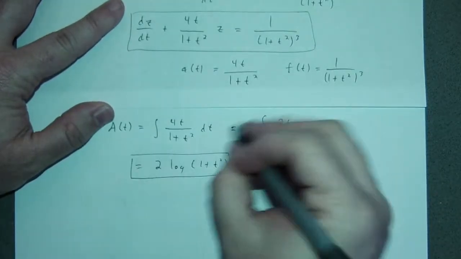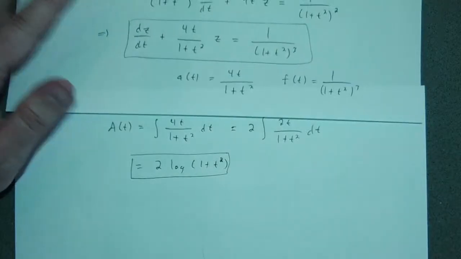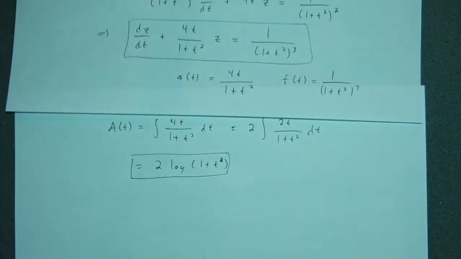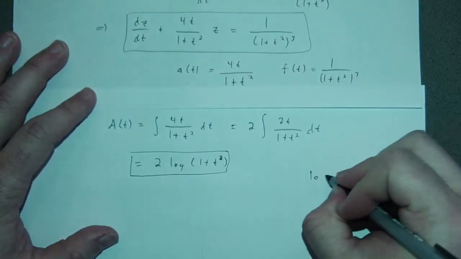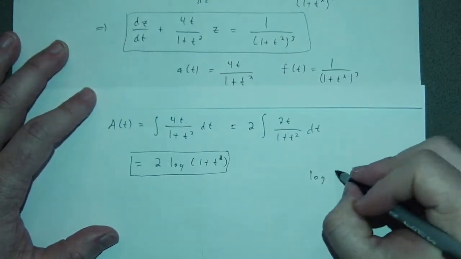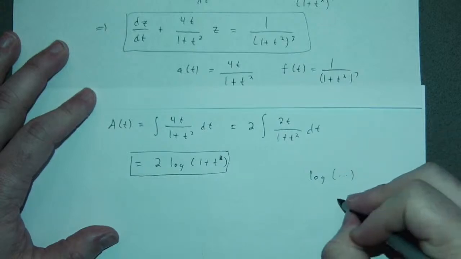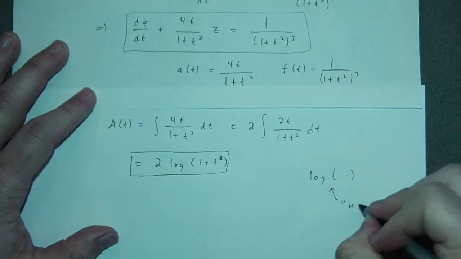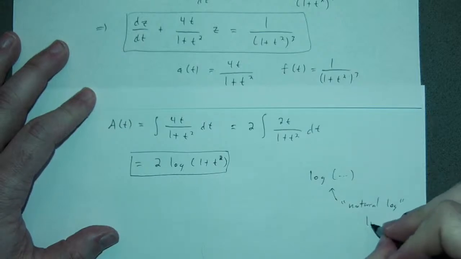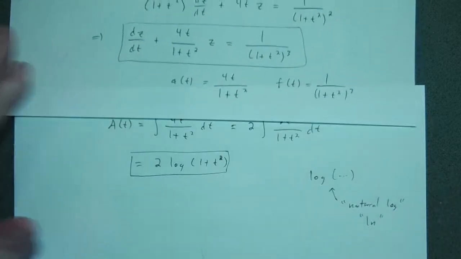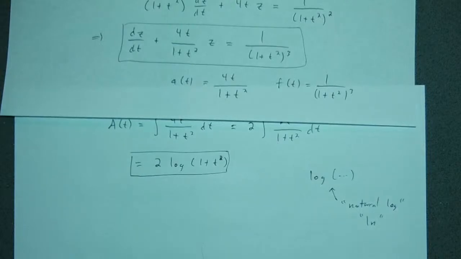Now you may have noticed in this course, depending on the courses you've taken before and the instructors you had, maybe they already started doing this. But from now on, for the rest of time, in a math course, when you see log of something, this is the natural log. So this is ln. The reason we use log is there's no other log for us. Any other log is stupid and pointless.